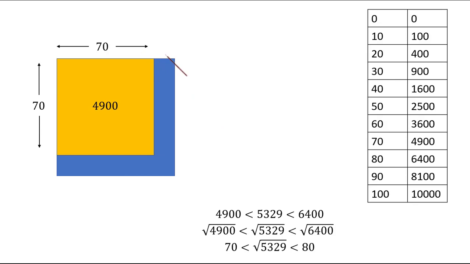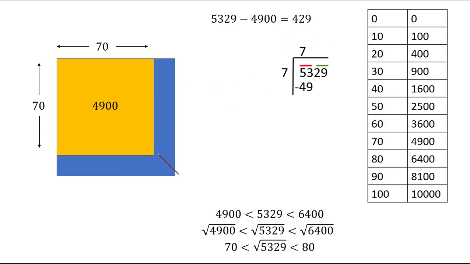So area of this entire blue square is 5329. The area of this yellow square is 4900. So while writing this in the square root method, we write this as 7 sevens are 49. Okay? And the difference of 5329 and 4900 is 429.